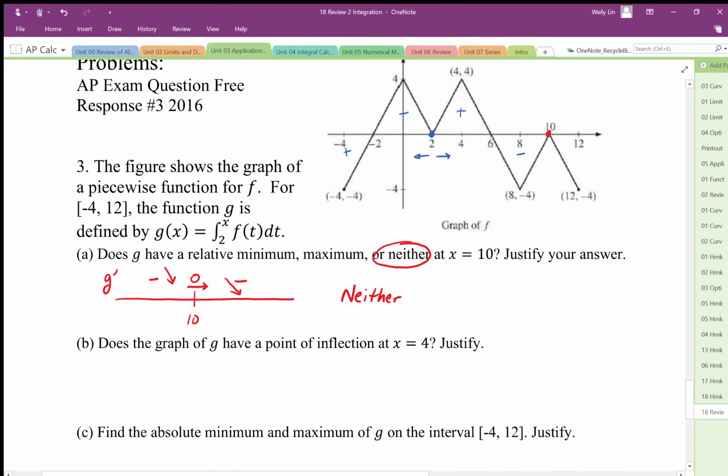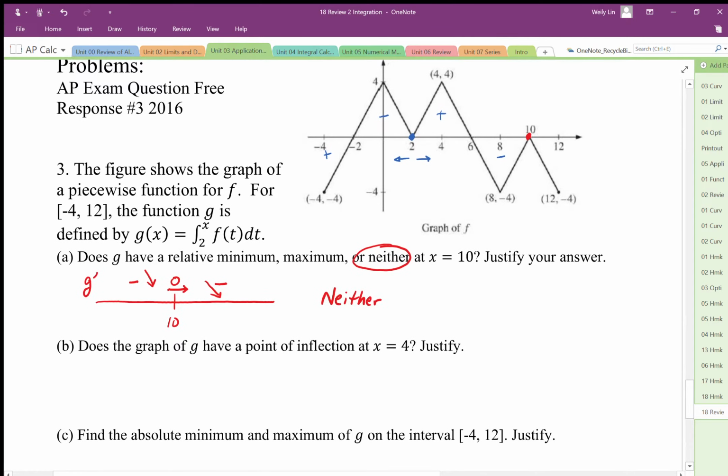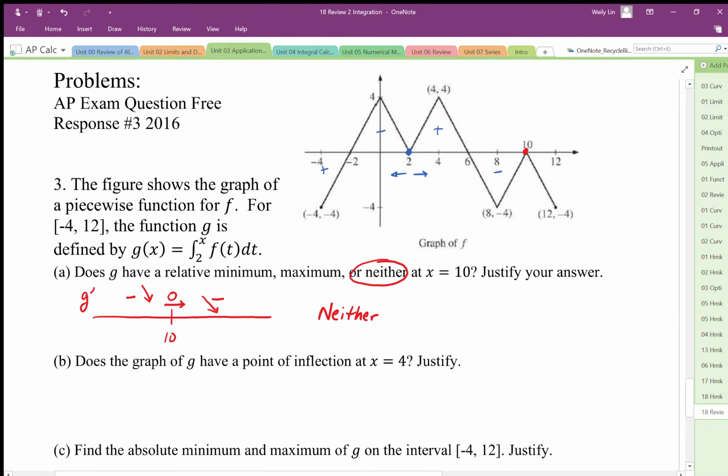Okay, so then looking at the next question, does the graph have a point of inflection at x equals 4? At x equals 4, that's our g prime value. So that means that it doesn't have a 0 slope here because the slope is undefined. So if I want the second derivative at 4, it is undefined.